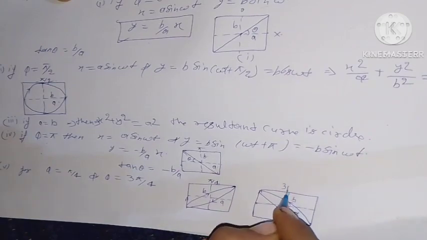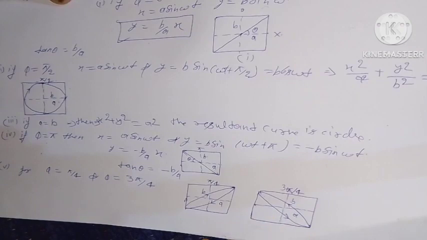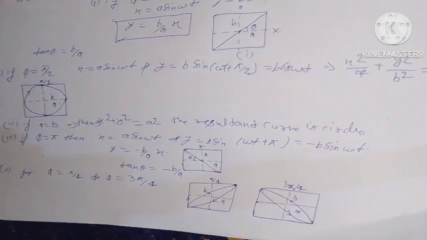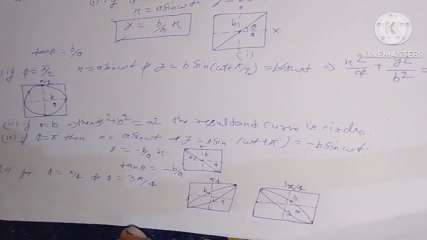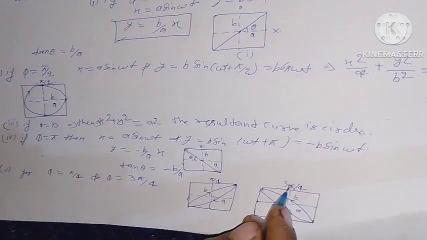Okay, 3 pi by 4, just opposite. Then for phi equal to pi by 4 and 3 pi by 4, we get oblique ellipses.